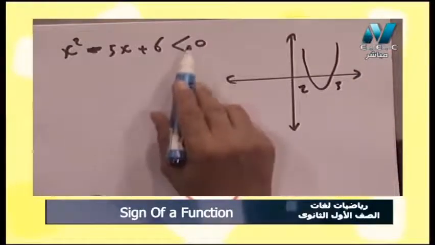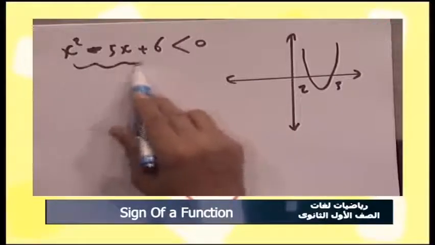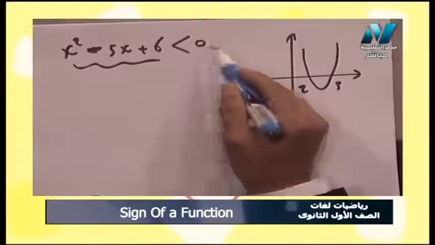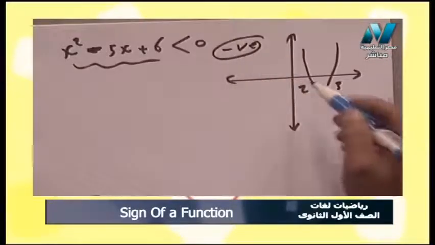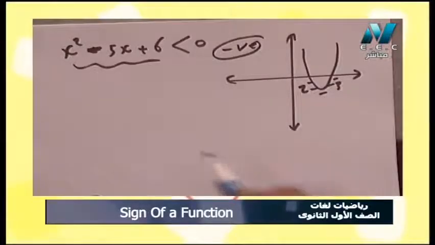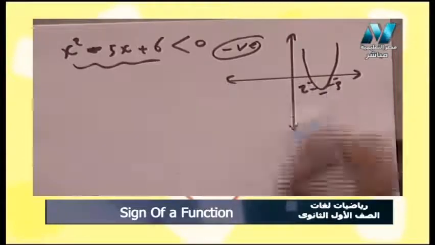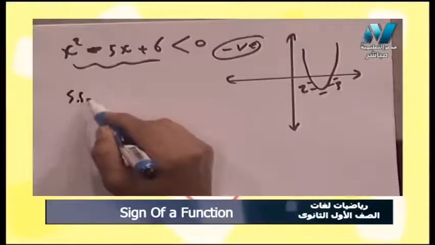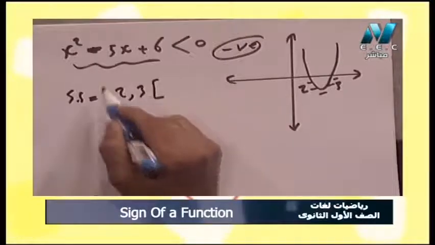Less than 0 means negative. Where will this function be negative? This function will be negative between 2 and 3. So the solution set here will be the open interval 2 and 3.